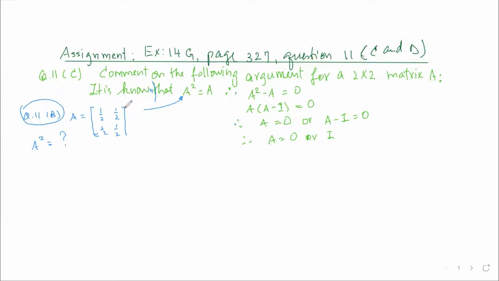But if you try another sample, for example A equal to 2, 2 like this, you can work out whether A squared equals A or not. It doesn't equal. So in each case it is different and you have to try, but in this question they only give this one.